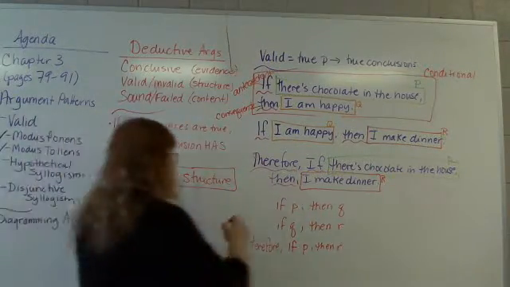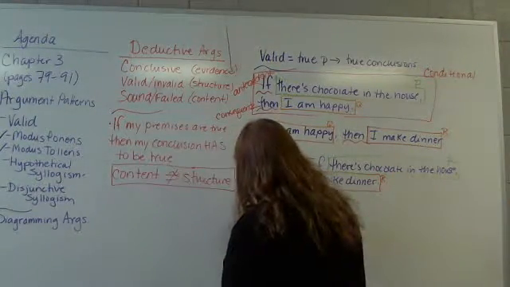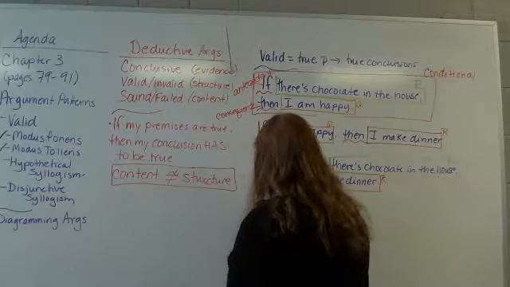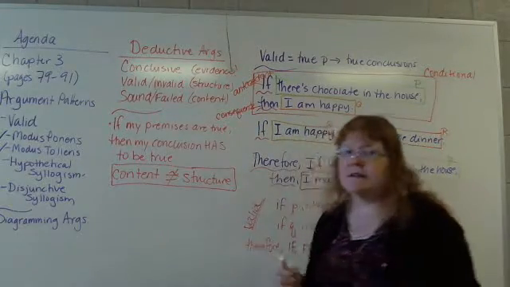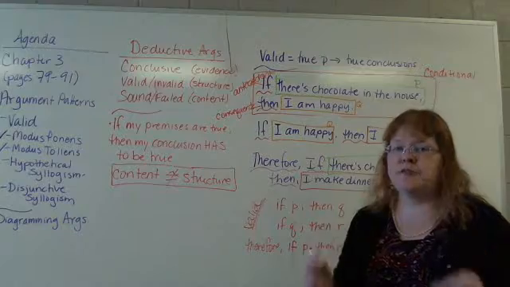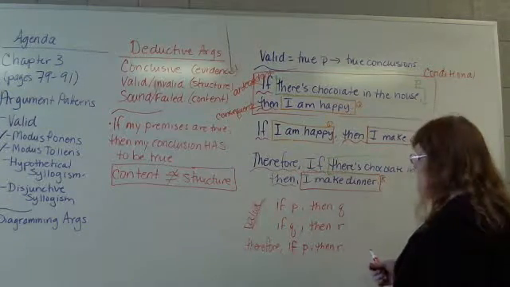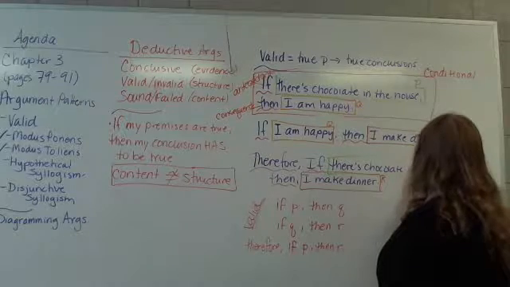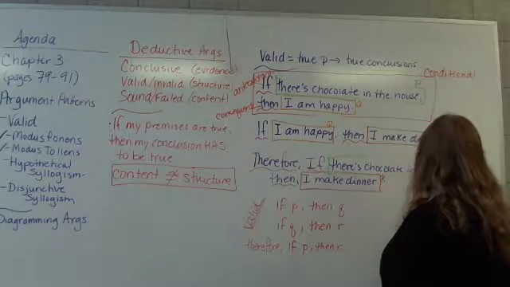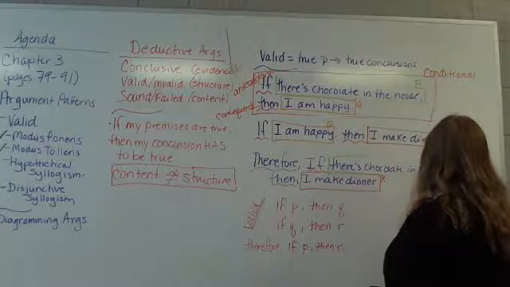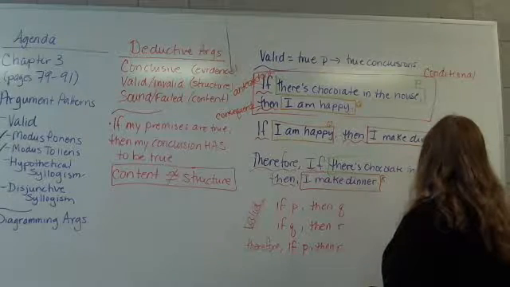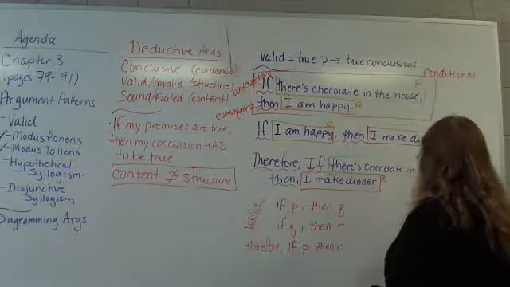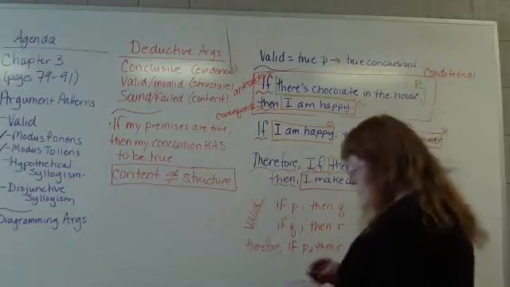This structure is always valid, but it has to be this structure. Remember, we're talking about deductive, so it has to be precise. It has to be the same way all the time. This is our hypothetical syllogism. It's a valid structure.